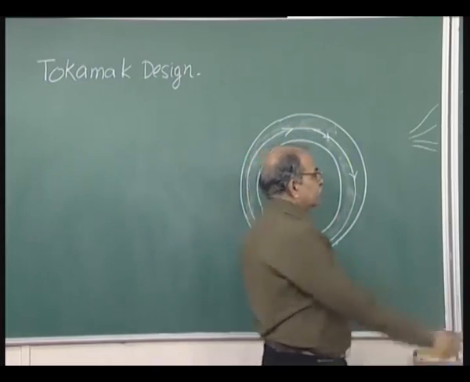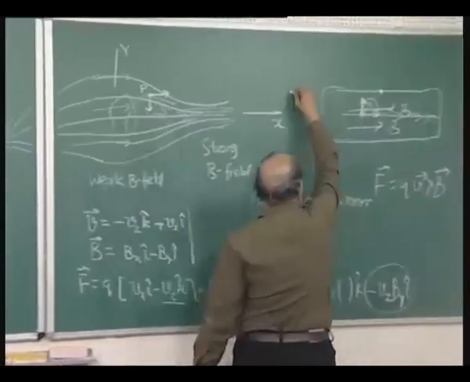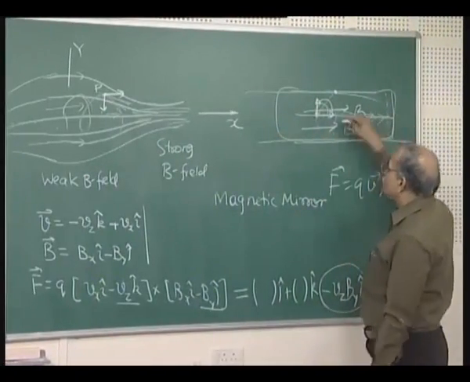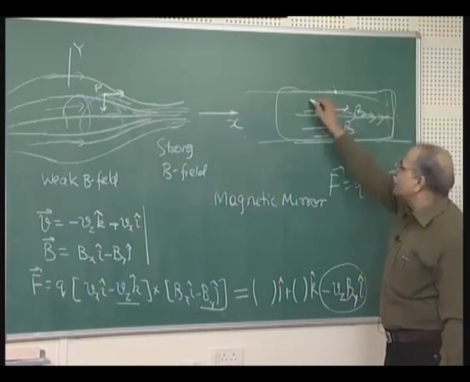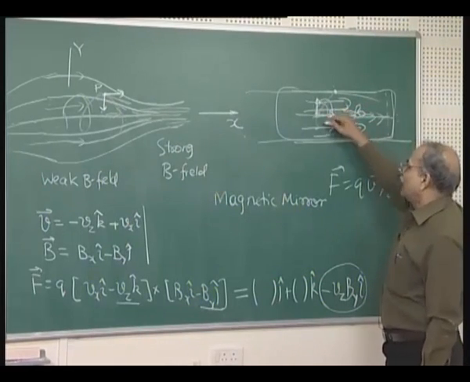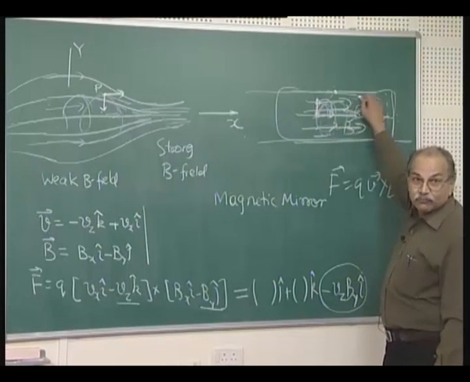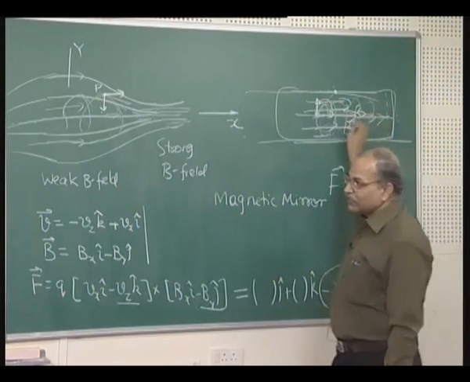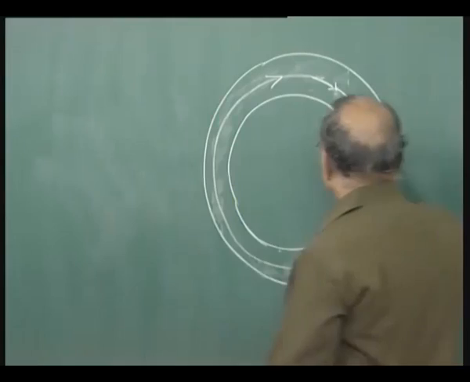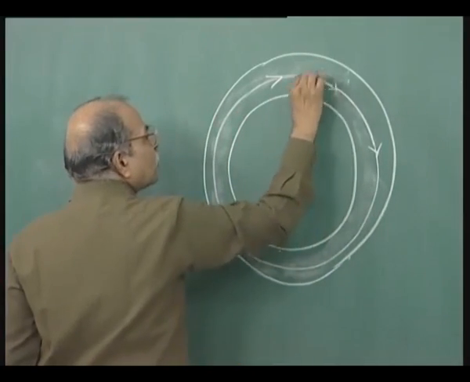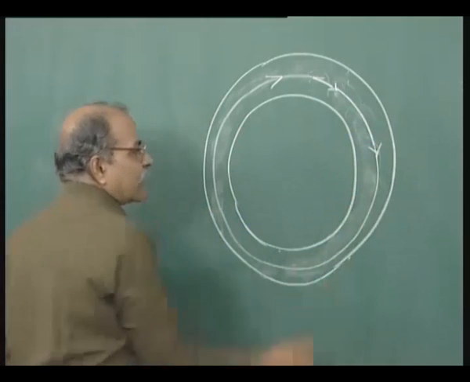Just like here, if it is a big cylinder and you are not worried about the ends, you are only worried about the cylindrical walls, then you can create a field like this and this field will keep it moving. So, similarly here a field of this type, and then the plasma will just go around this and will be confined.